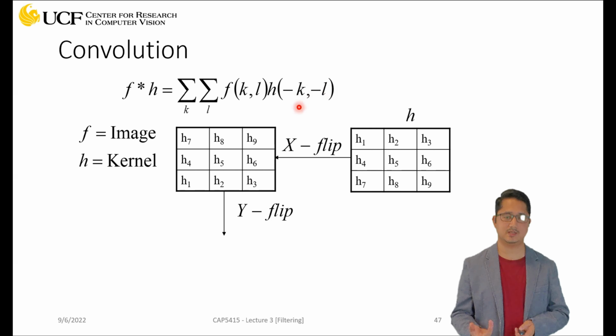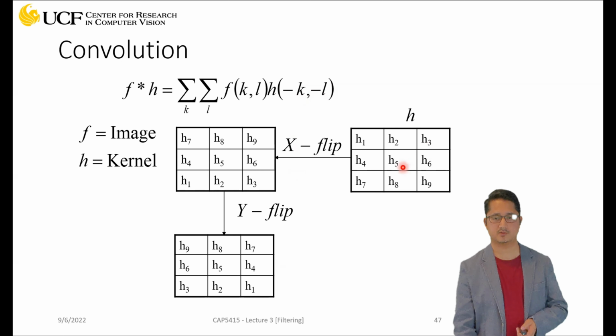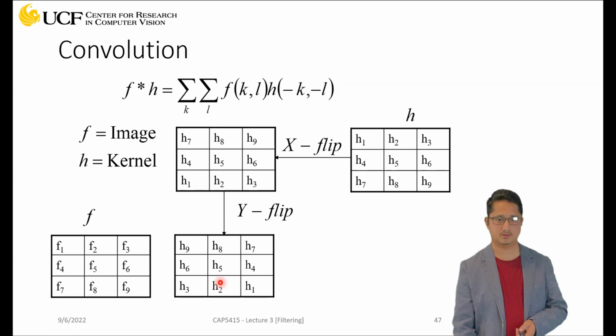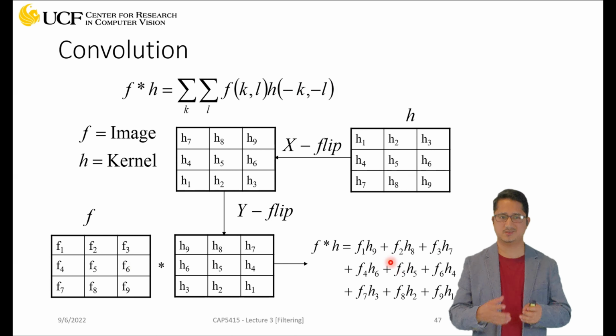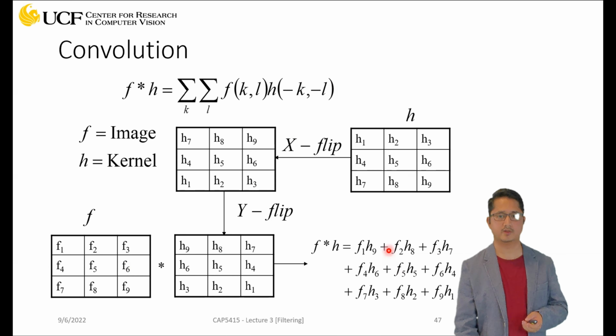Then it's exactly the same as correlation. So let's say this was the initial kernel, you flip along x, flip along y, you get this kernel. And then again, you can just perform correlation of this kernel with the image patch. It's the same equation. Okay. So you can see correlation, convolution, exactly the same thing. The only difference is the kernel values.